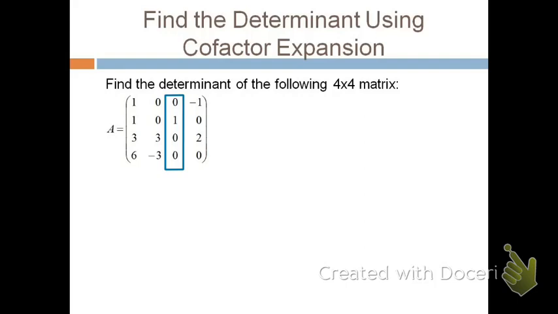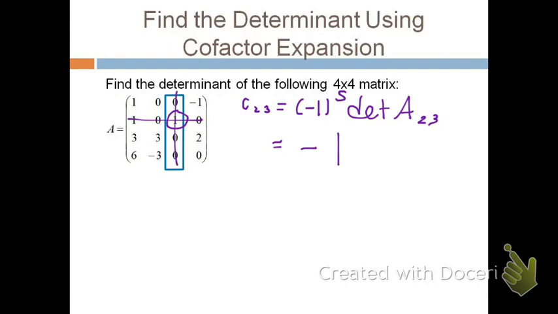Doing our cofactor expansion, the only term we'll have is C23. So what is C23? We get -1 to the 5th times the determinant of the A23 matrix. That gives us a negative value times the determinant of the resulting matrix: 1, 0, -1, 3, 3, 2, and 6, -3, 0.